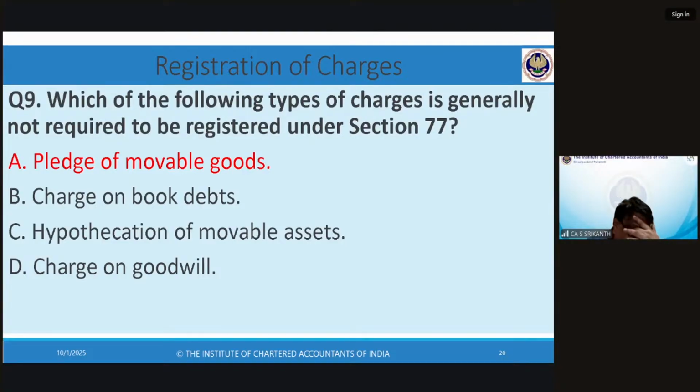Neti, neti. Charge on goodwill, fixed charge, intangible asset, registrable, no. Hypothecation of movable assets, registrable, no. Charge on book debts, floating charge, no. That leaves only pledge of movable goods. Therefore, pledge of movable goods. That way I used to come to a conclusion also in MCQs.